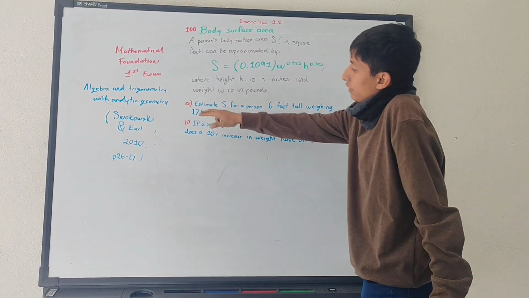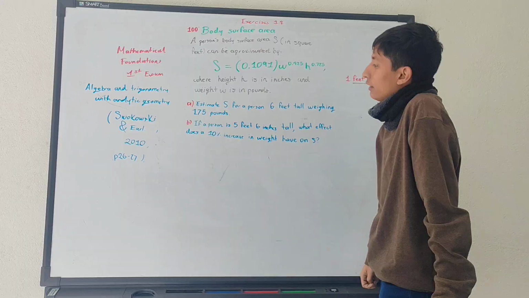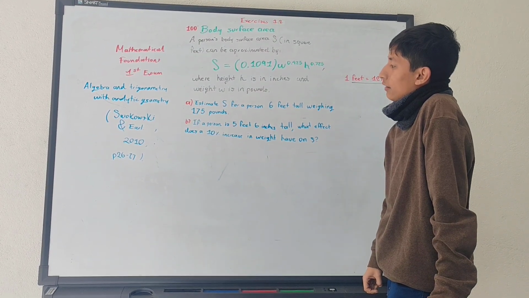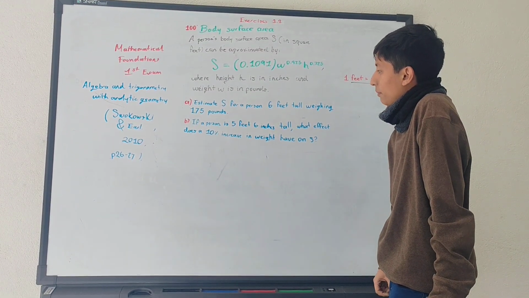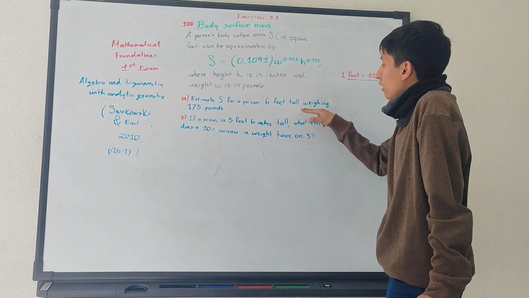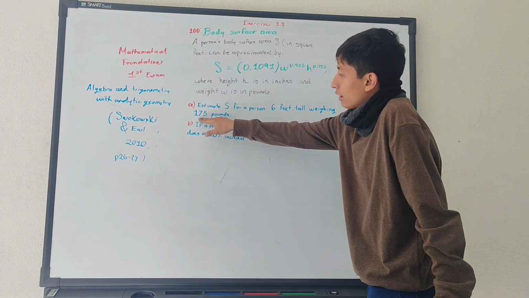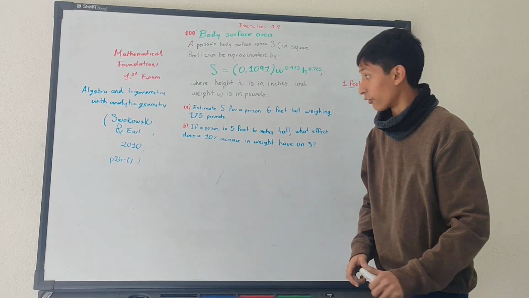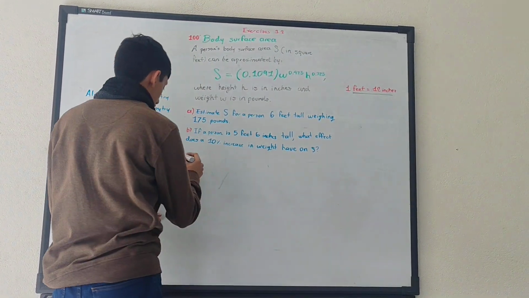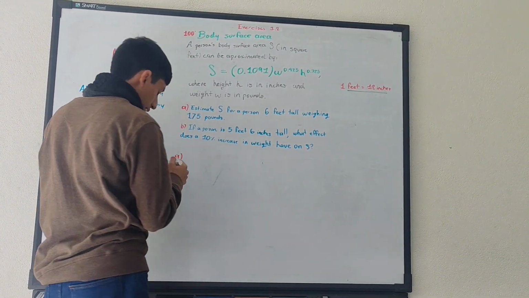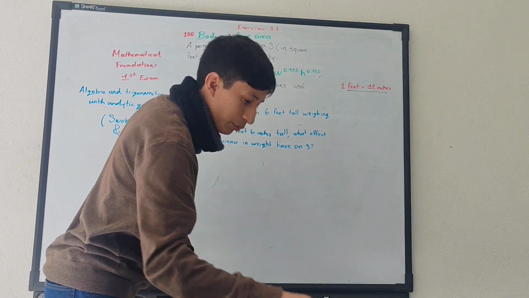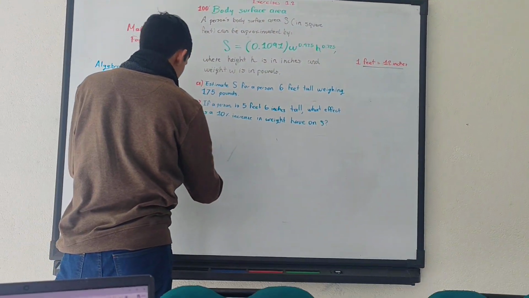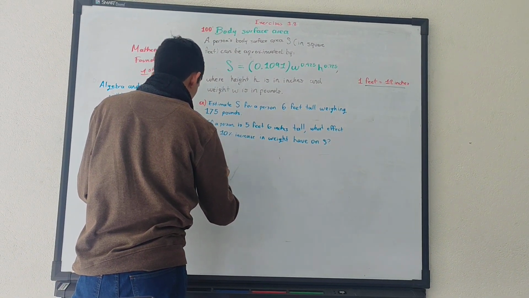For letter A, it asks us to estimate S for a person 6 feet tall, weighing 175 pounds. So here we have our first problem. I'm going to write A again, and start with our data.